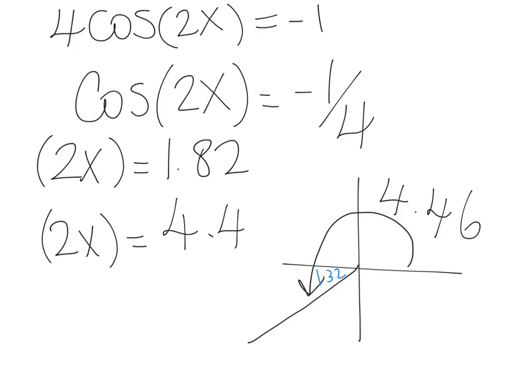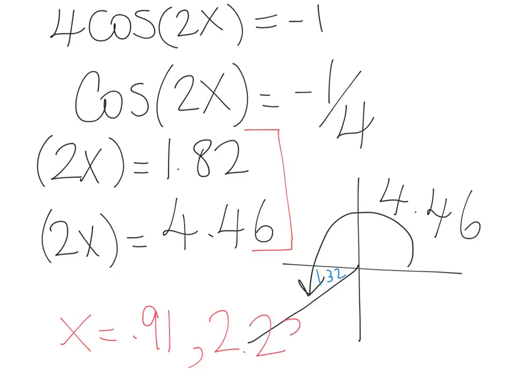So these are my two answers for theta, or in this case 2x. If we divide both answers by 2 to get x by itself, we'll find that x is equal to 0.91, and another answer will be 2.23.